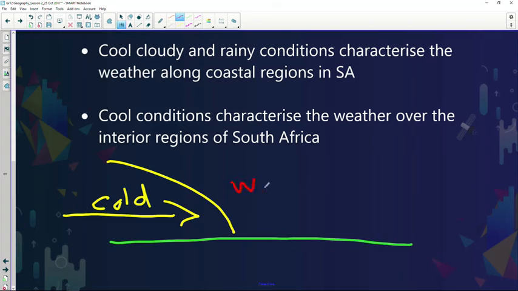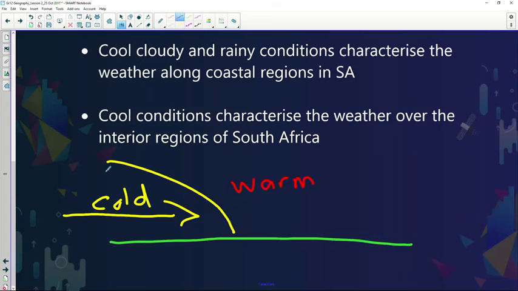So the air in front of the cold front is going to be warm. Now this is very important. Now this front, a cold front, is the leading edge of cold air. So all the air behind the cold front is going to be cold. Now as you can see, there's a front. It separates the cold air from the warm air.